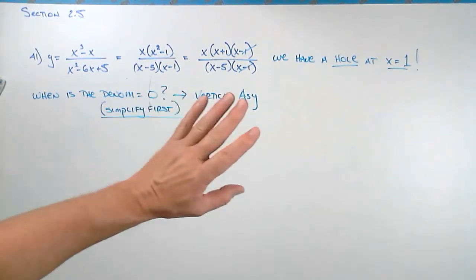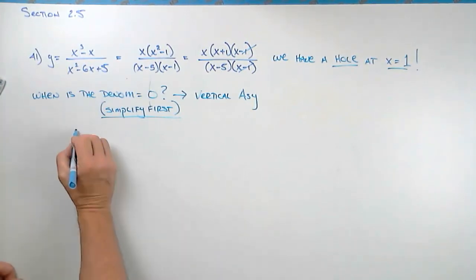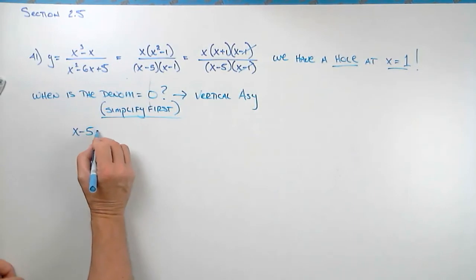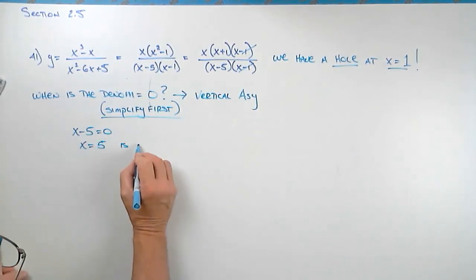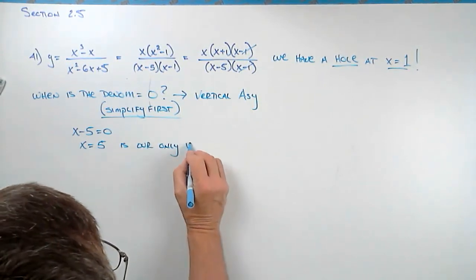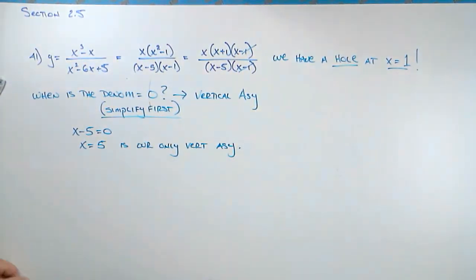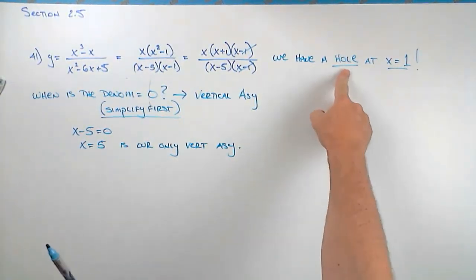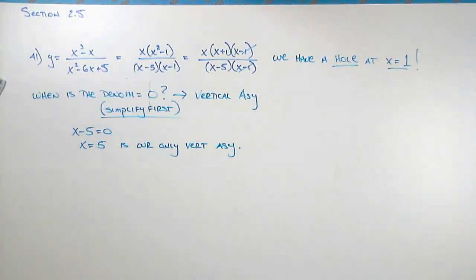If you don't do that, you think there are two vertical asymptotes when in fact there's only one. Now our denominator is x minus 5. We set that equal to 0 and we get x equals 5 is our only vertical asymptote. This is not a vertical asymptote. This is a hole.